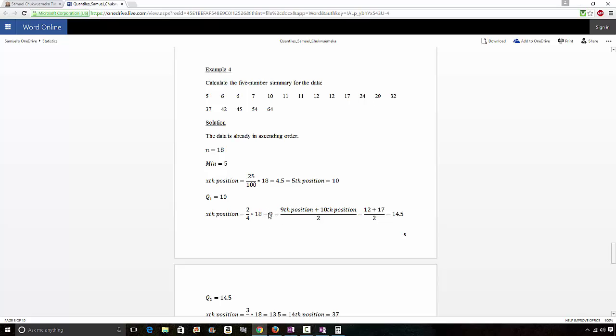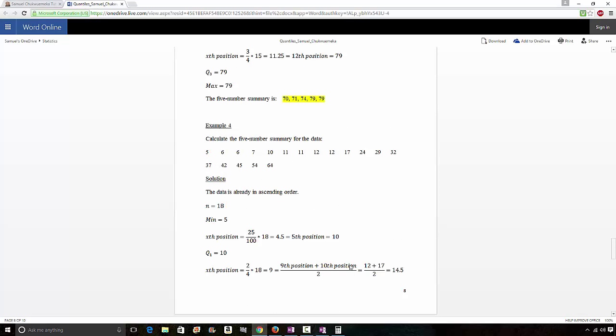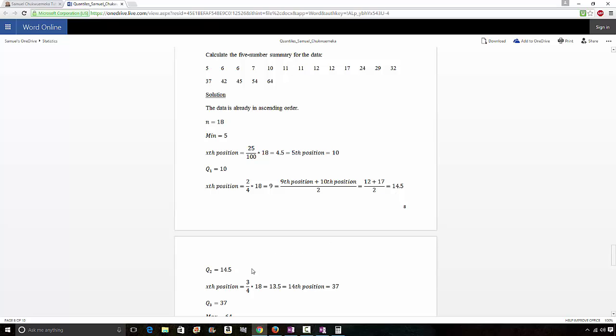In this case, we got 9, so it's the 9th position and the 10th position divided by 2. 1, 2, 3, 4, 5, 6, 7, 8, 9, 12. And then the 10th position, divided by 2. So our median is 14.5.